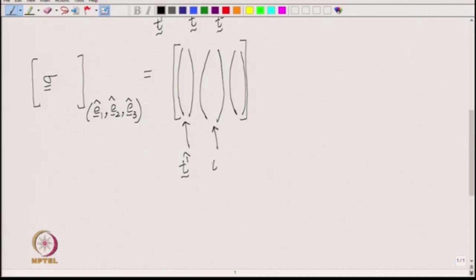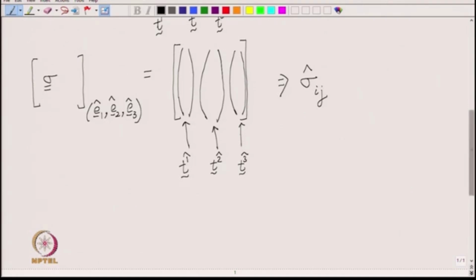This is T2 hat, this is T3 hat, all right. So, you know this is the matrix form in the hat coordinate system. So, I will say that the components of the matrix is basically sigma hat I j, instead of sigma I j let us say it is sigma hat I j, all right.